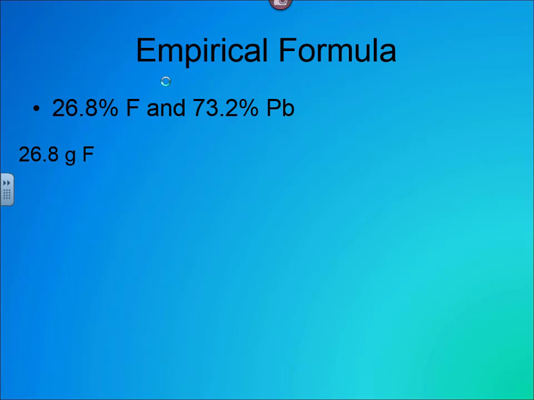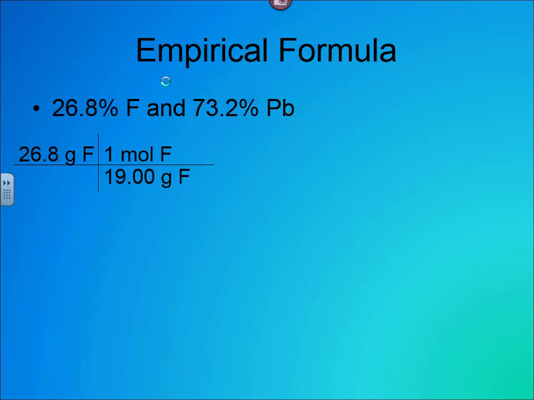Step 2, convert grams to moles. So we need to cancel the grams. So where do they go? On the bottom. And what number should we put there? The mass of fluorine. So we look it up. The mass of fluorine is 19.00.